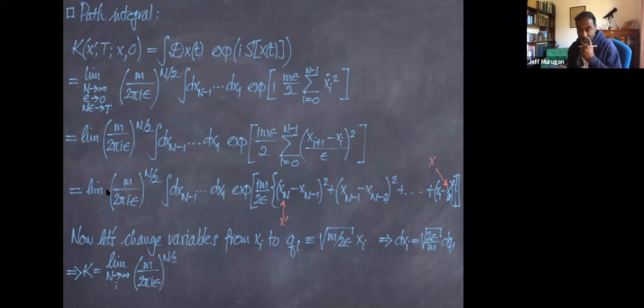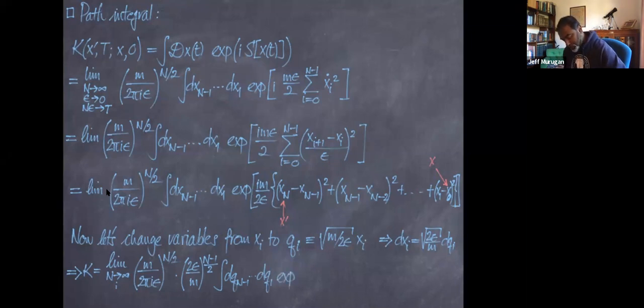That's the prefactor that we're carrying around, times, coming from changing variables, 2 epsilon over m to the n minus 1 over 2, times an integral over q variables, dq_{n-1} through dq_1, times the exponential of i times (q_n minus q_{n-1}) squared plus all the way through to (q_1 minus q_0) squared, et cetera.